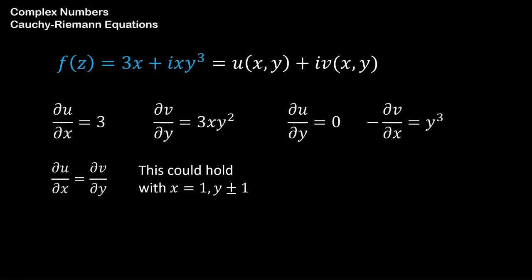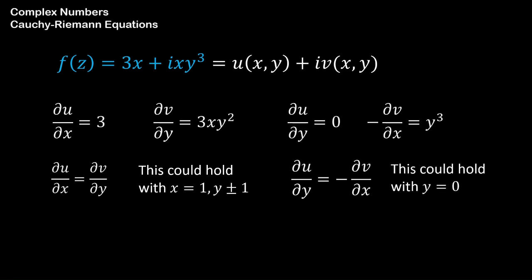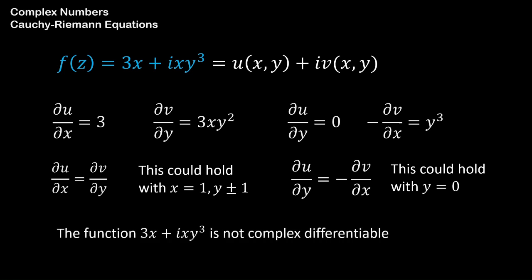So, for this equation to hold, y should be equal to 0. And on the first equality, y should not be 0 because it would violate the first equality. Therefore, the function 3x plus i x y cubed is not complex differentiable.